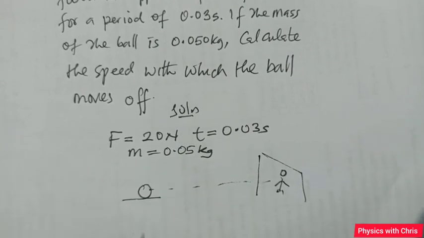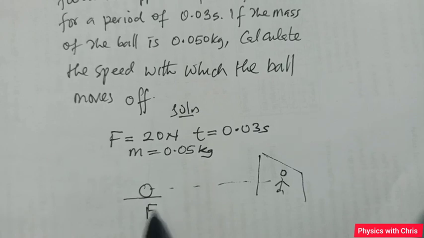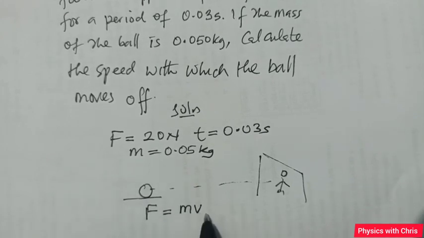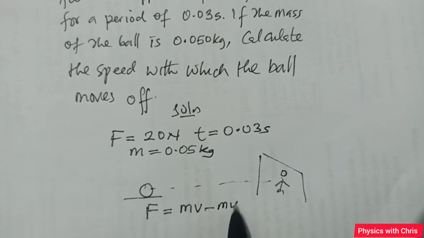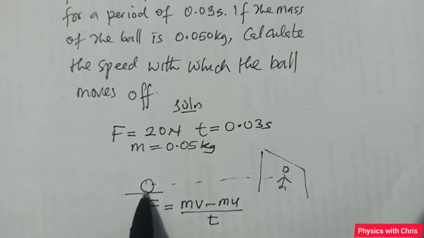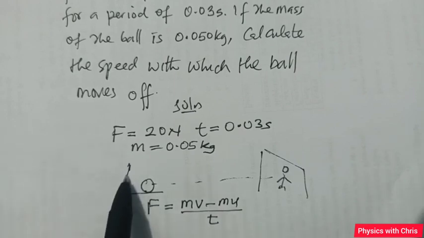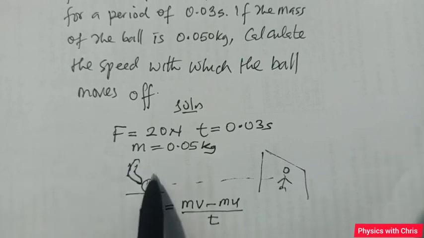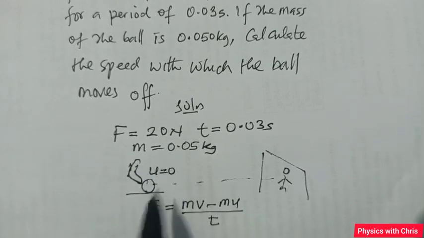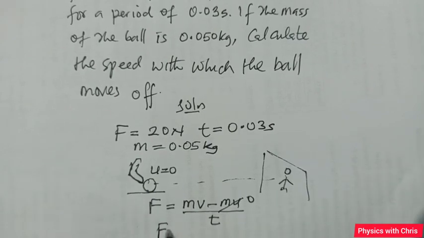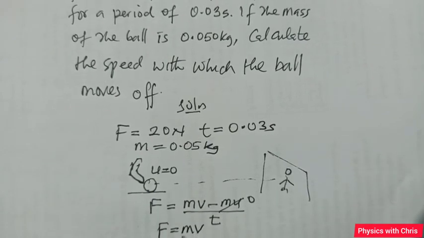All right, so here we apply Newton's second law of motion equation to solve this: the force applied is the rate of momentum change of the ball. Since this ball was at rest before the force was applied to kick it towards the goalpost, the initial speed of the ball is zero, and the initial momentum is also equal to zero. So F becomes mv divided by t.